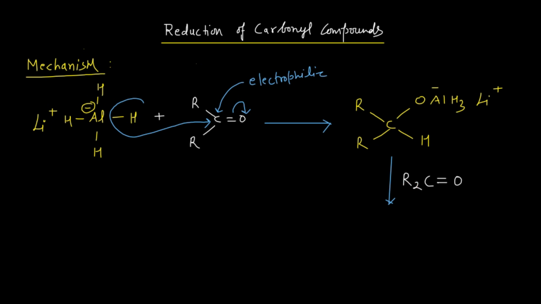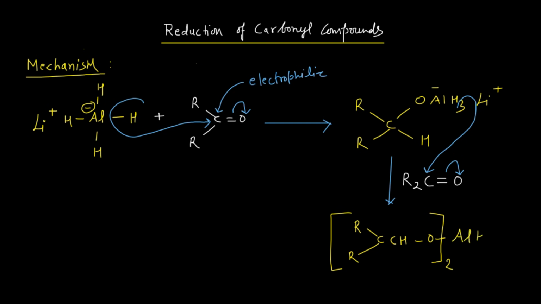So what will happen in the next step? One of the hydrogens from here will attack onto this one, and this will shift there, and you will have another very important species, R, carbon, R. Now I can write CH here, and oxygen here, and you know these are the 2 such things here, and remaining is your aluminium H2.